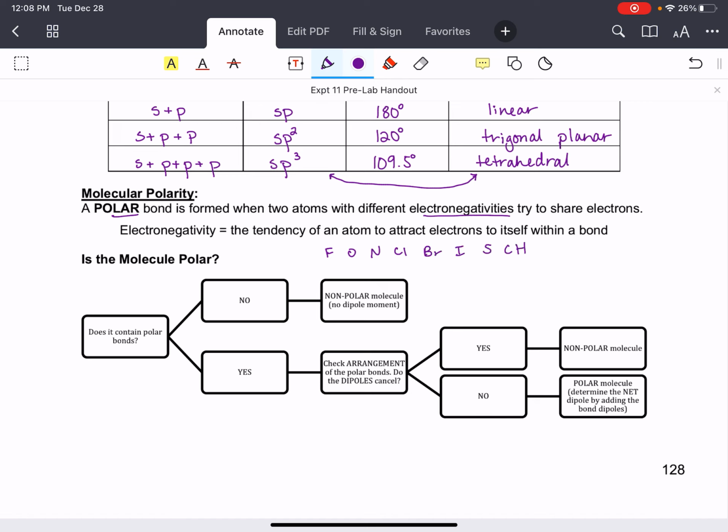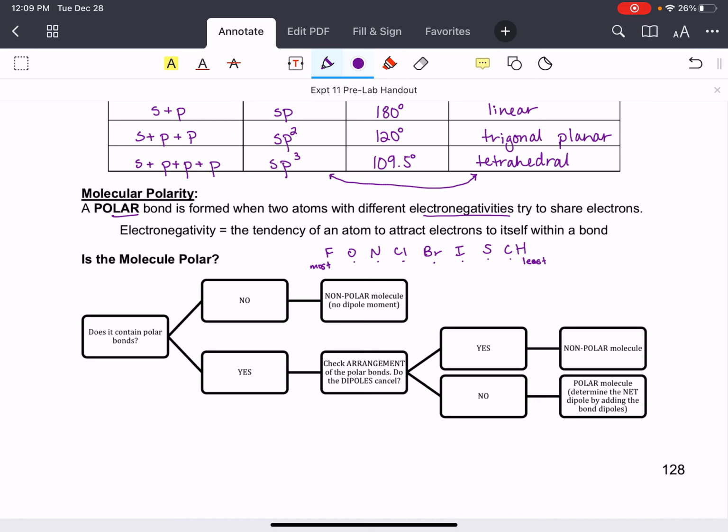If you haven't heard this already, it's fluorine, oxygen, nitrogen, chlorine, bromine, iodine, sulfur, carbon, hydrogen. These are the most electronegative atoms on the periodic table in order. So F is the most electronegative, hydrogen is the least electronegative, and all of these are more electronegative than every other element on the periodic table.